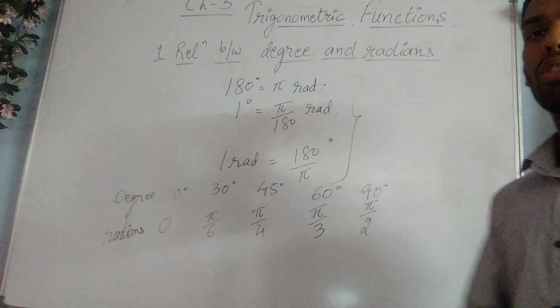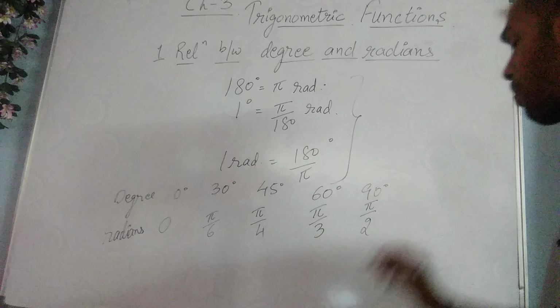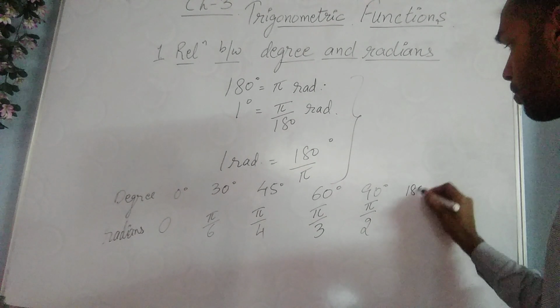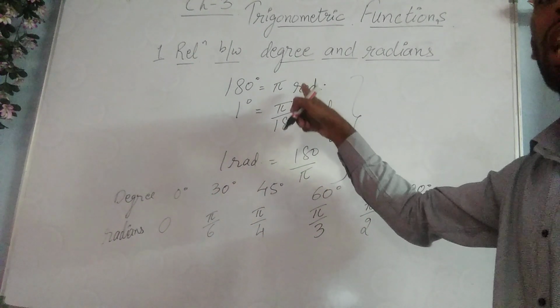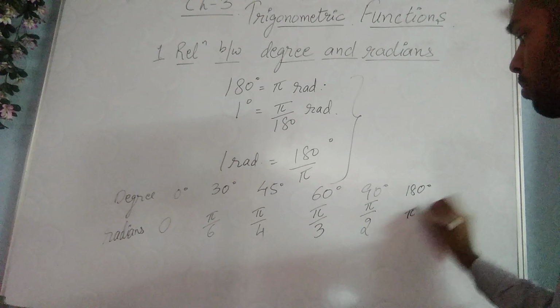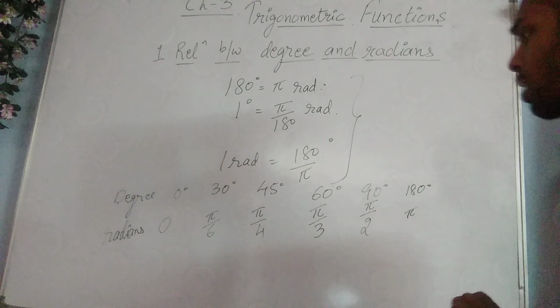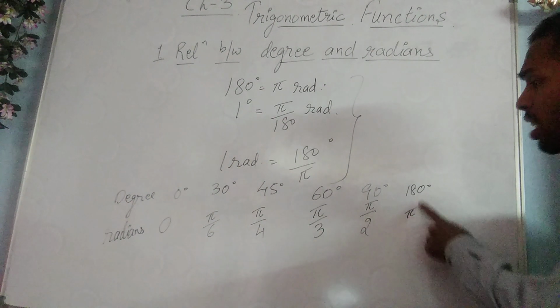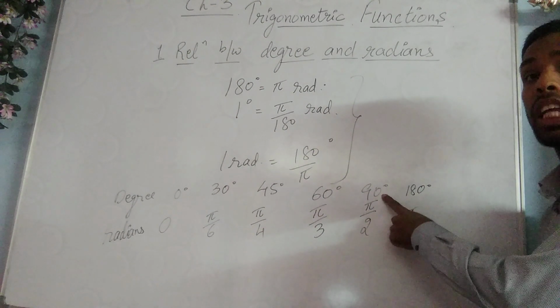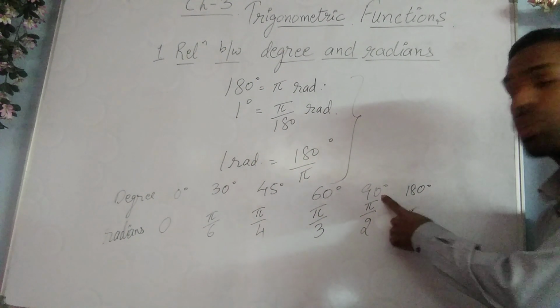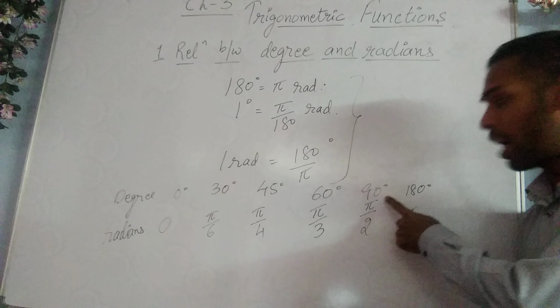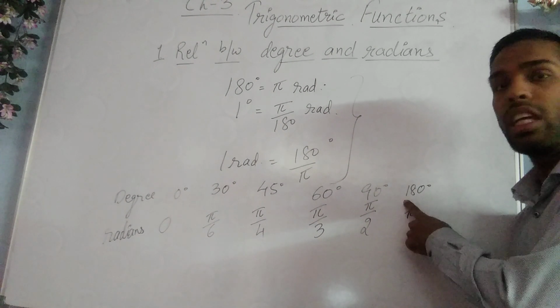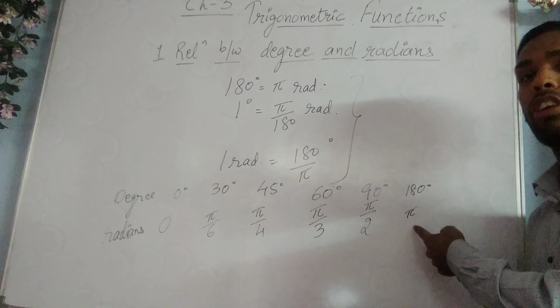I'm also going to write down 2 or 3 more degree measures, that is 180 degree. Since 180 degree you already have here as pi radians. In short, if 180 degrees equals pi radians, how much is 90 degree? See, 90 degree is just half of 180 degree. So similarly, pi by 2 is also just half of pi radians.